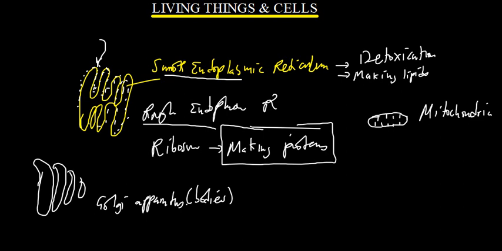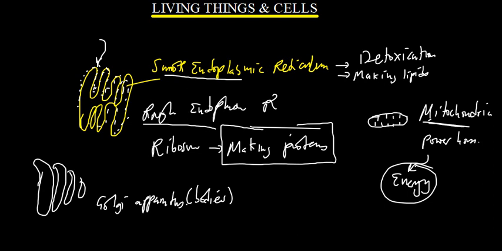It's known as the powerhouse because it is what makes up energy of the cell. So without the mitochondria, you will not be able to have energy. Remember respiration, we gave the equation. In respiration, energy was being produced. So actually, respiration will happen in the mitochondria.